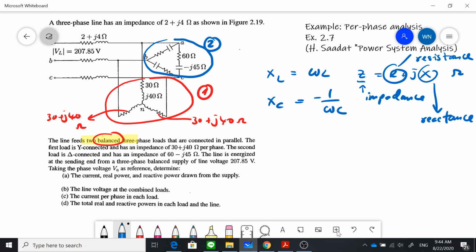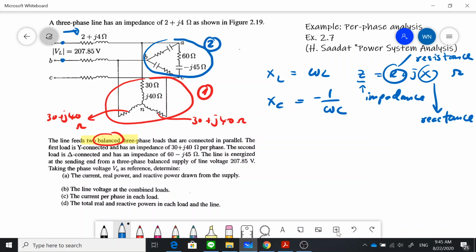So the voltage at the sending end is given. Taking the phase voltage Va as a reference, you determine the current, real power, and reactive power drawn from the supply. So the problem asks you to determine the current drawn from the supply side.